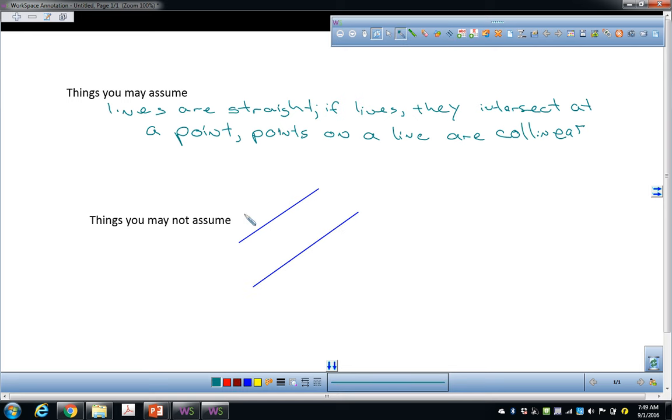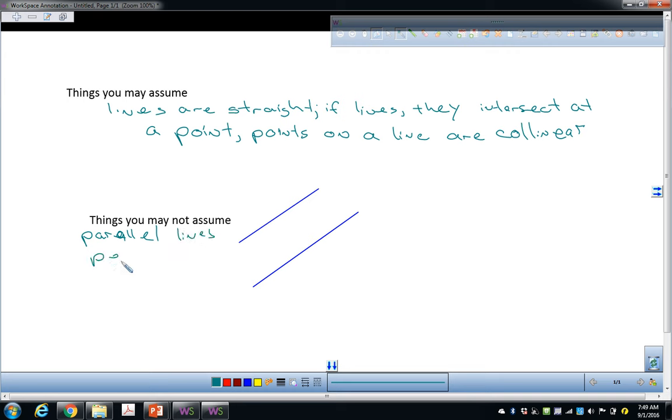So you may not assume parallel lines, perpendicular lines, and congruent segments or angles.